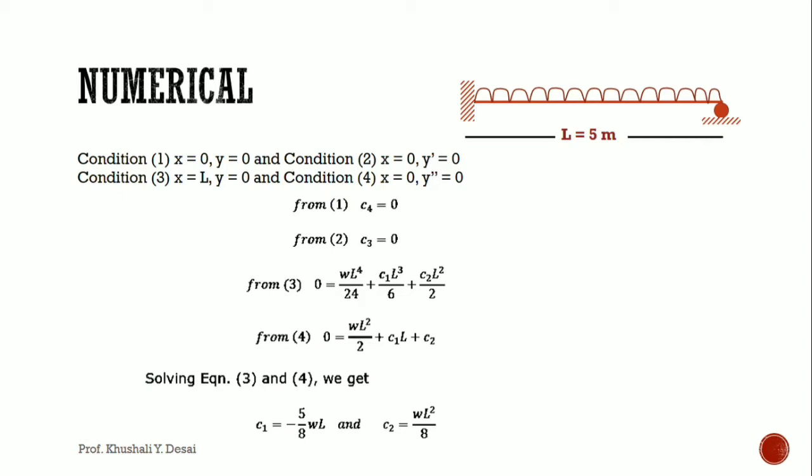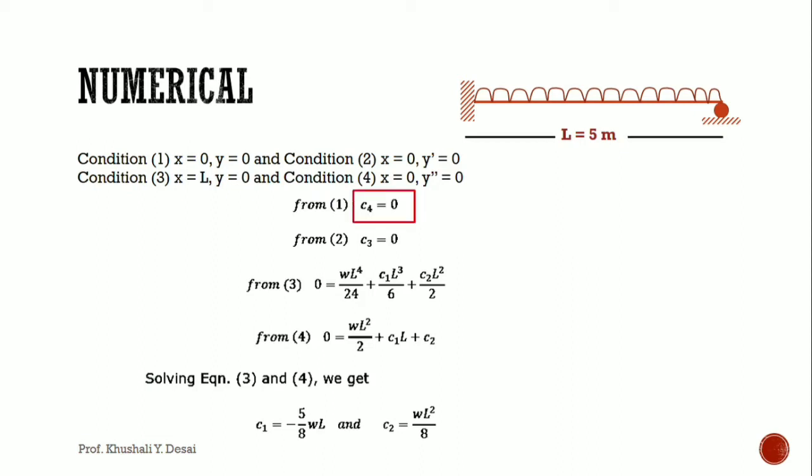Similarly, condition 3 and 4 are for length x equal to L. So at x equal to 5 meter length, y is 0 as well as moment is 0 at the propped end.